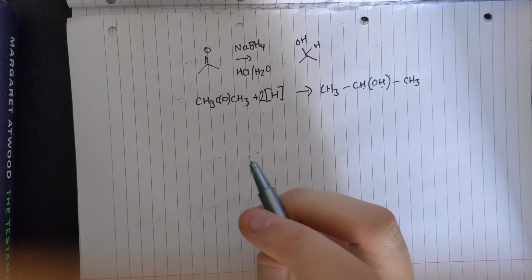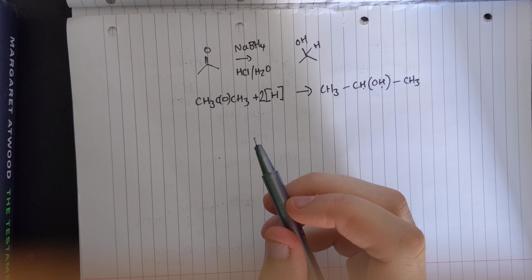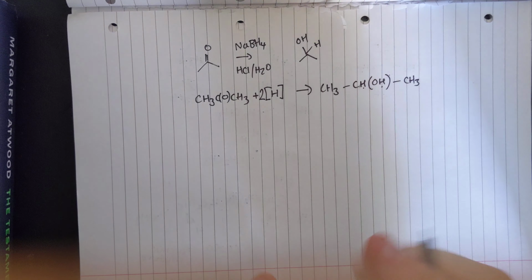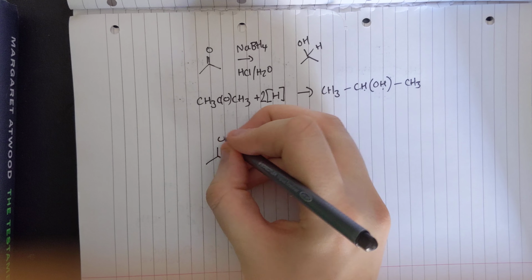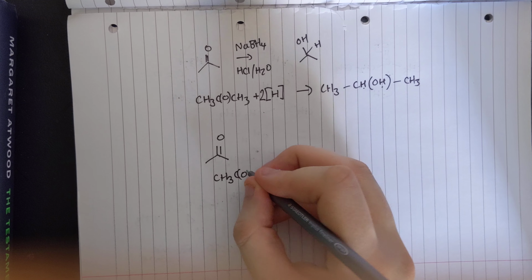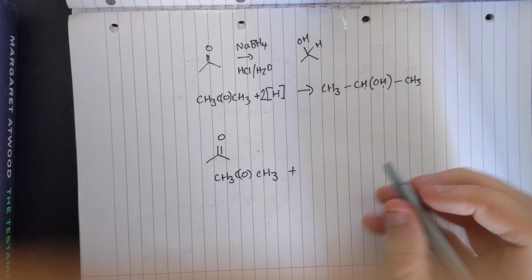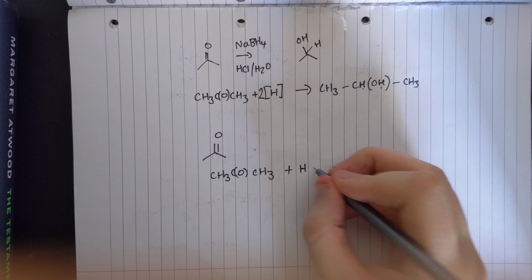The other one would be then for making hydroxynitriles. So for the equation for the hydroxynitriles, we need to be able to do the overall equation in the same way. So we'll take the same molecule. In the overall equation, we're going to use HCN.